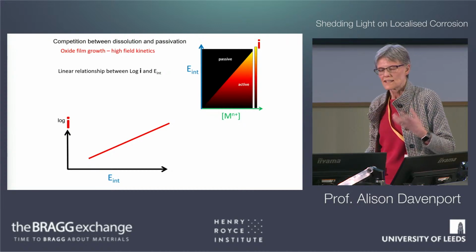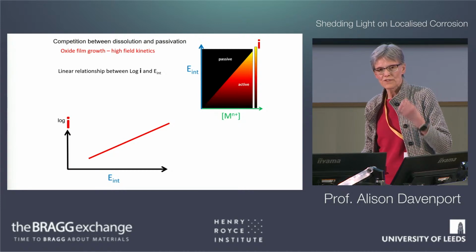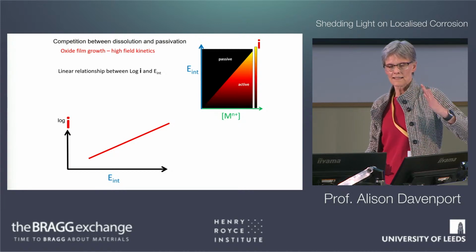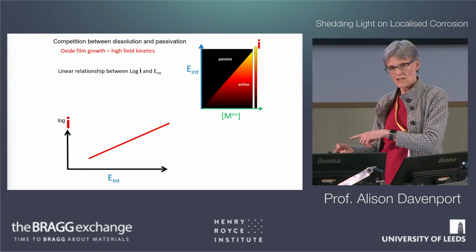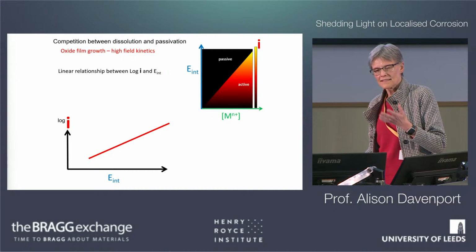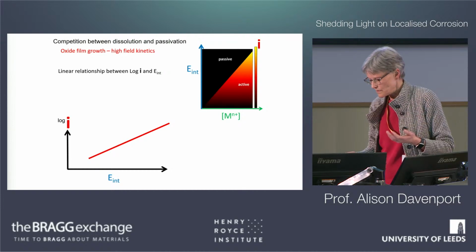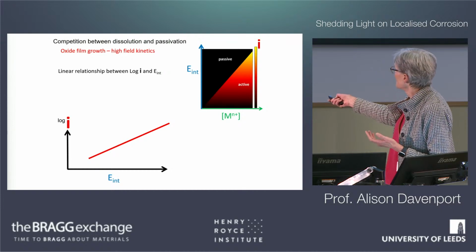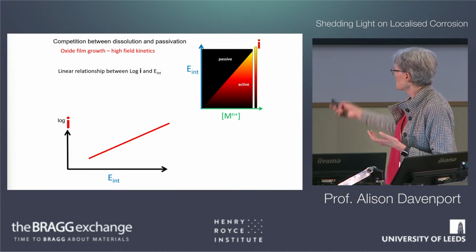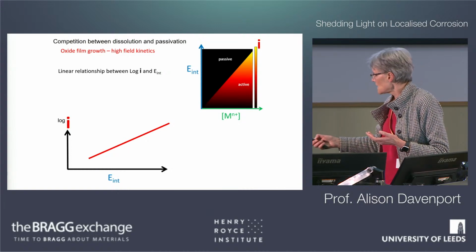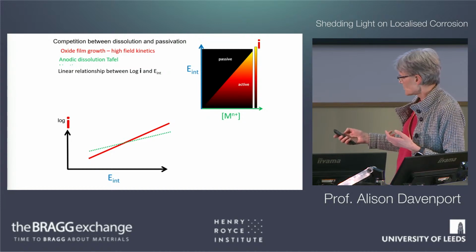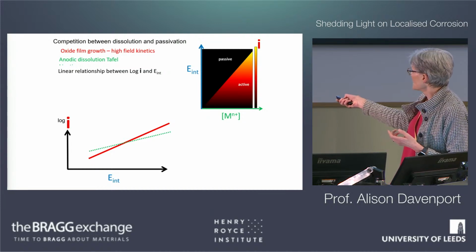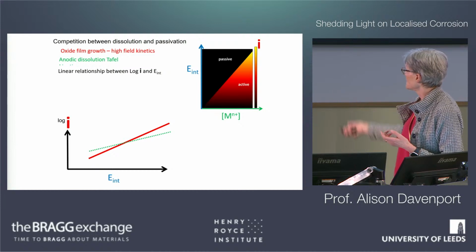Both of these are electrochemical processes, and in both cases, we have a linear relationship between the log of the current density and the interfacial potential. Now, I've put a line here to represent oxide film growth, but let's suggest, for example, that the dissolution process is similar in location, but with a slightly different slope.